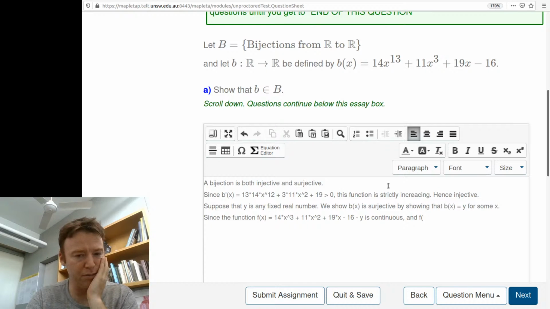No, I don't think I can really do it this way. Yeah, maybe I won't do it that way. I still need to use the intermediate value theorem. I've just got to find my bounds.